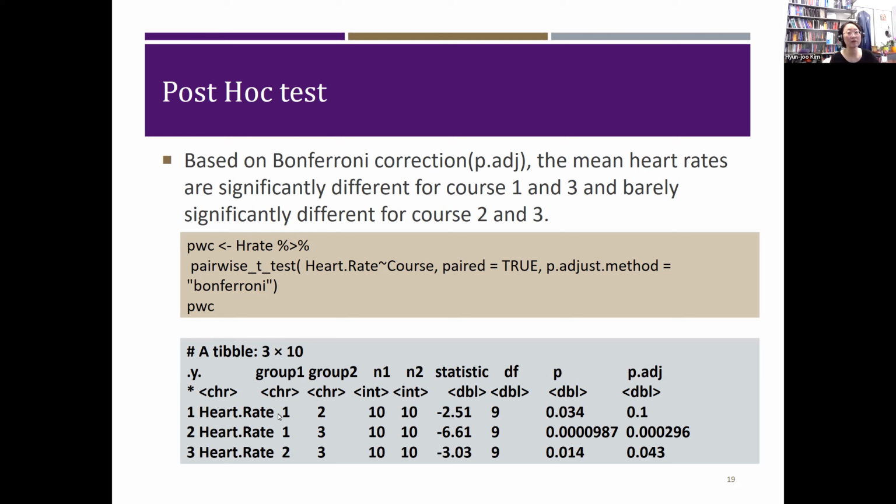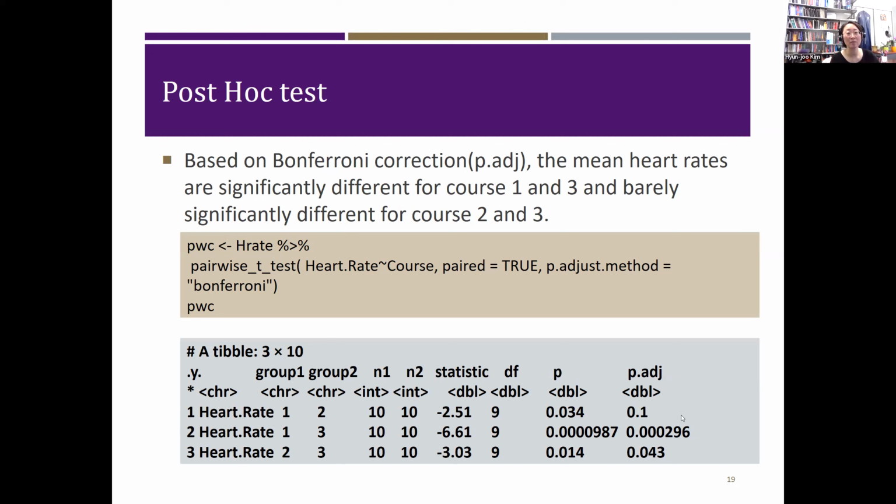There are 3 comparisons executed: a comparison between course 1 and 2, 1 and 3, and 2 and 3. Notice that p.adj, the adjusted p-value, is simply the p-value times the number of comparisons, 3. So it is just backwards from how the Bonferroni correction is usually used.